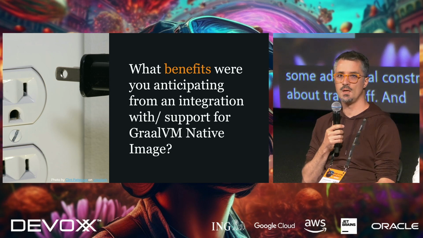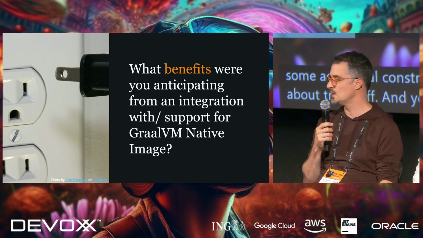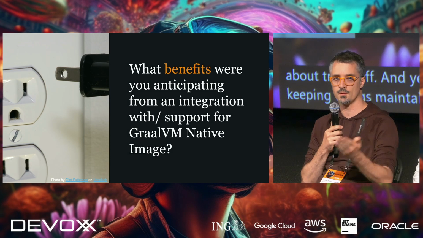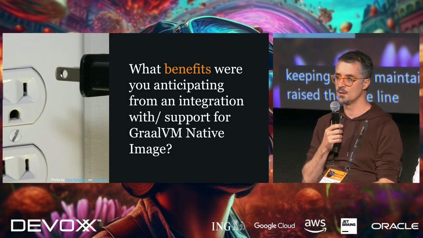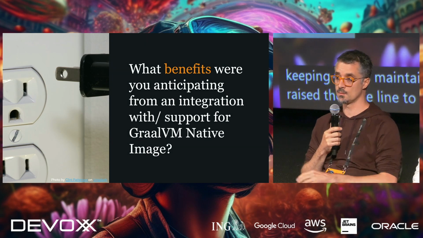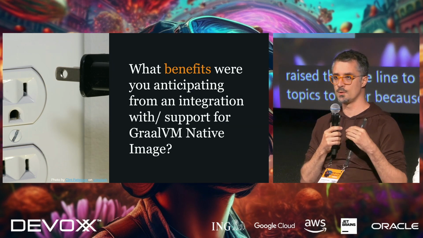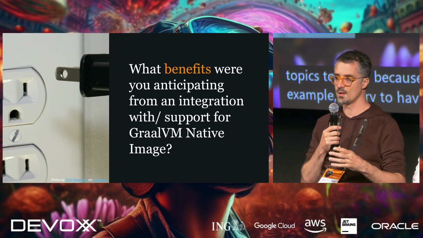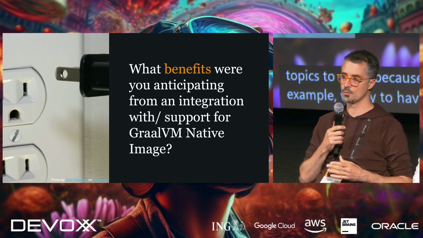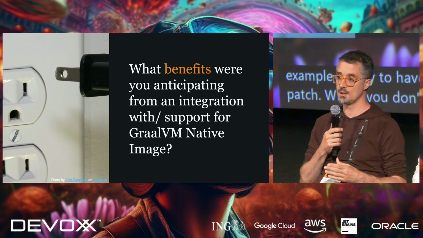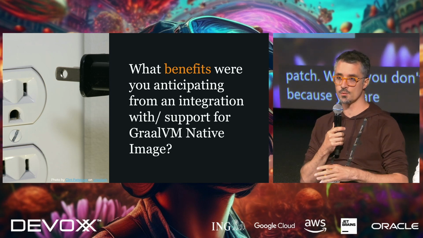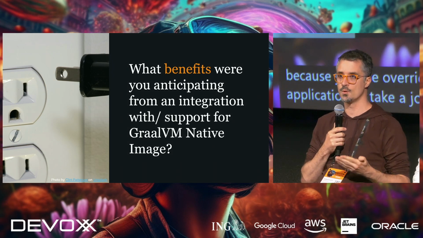We have a focus on keeping things maintainable, because, for example, we have raised the baseline to Java 17, and we have a lot of other topics to cover because of wide usage. For example, we try to have zero substitutions, which are a kind of patch where you don't really know the code you are running because you are overriding the code of the open source application to take a shortcut, and we try to avoid that.